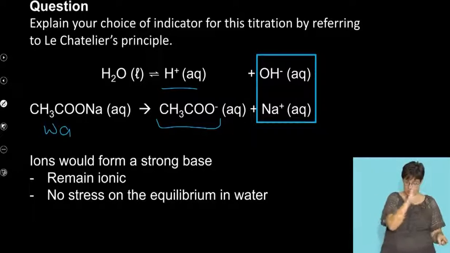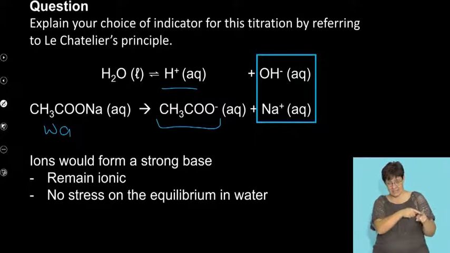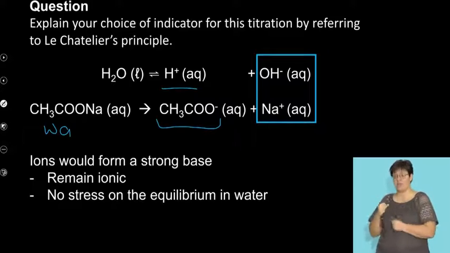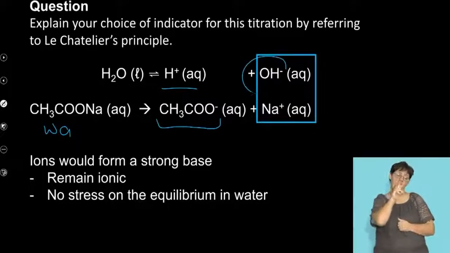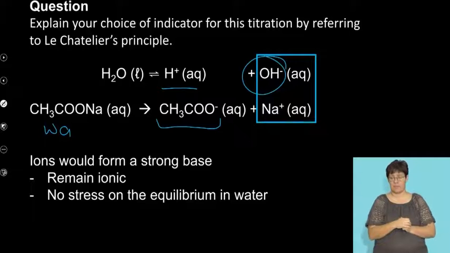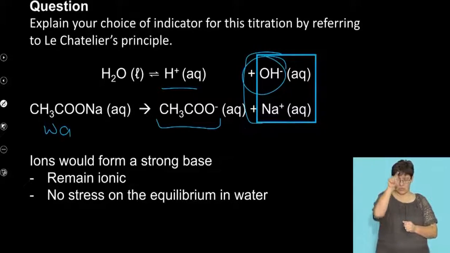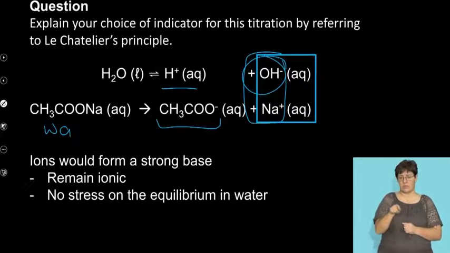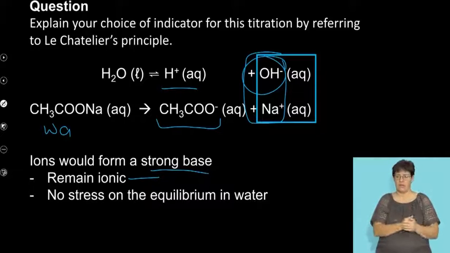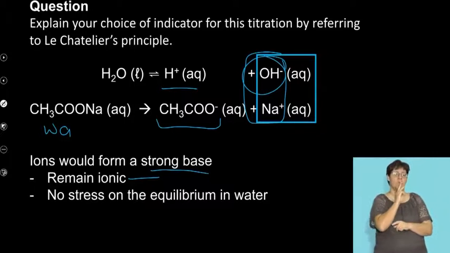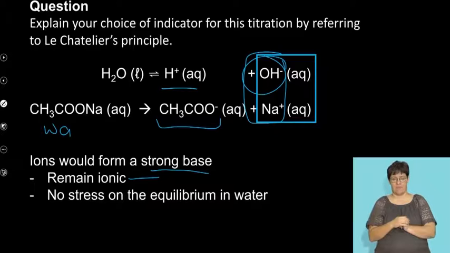Then you know that the ions from this strong base, like sodium, and the ions from the water, like hydroxide, will not leave the ionic state. They will try to remain ionic because it's a strong base, and there will be no stress on the water part of this reaction. But let's go on.